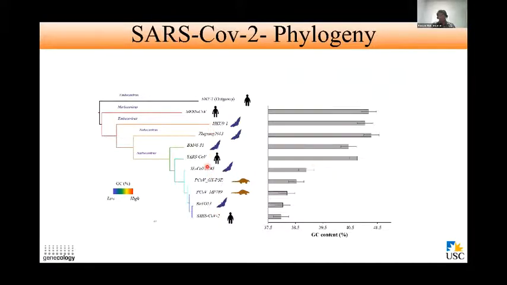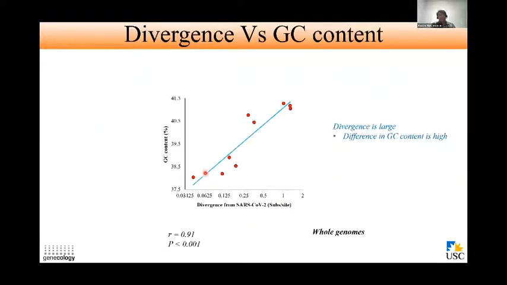Or in other words, the difference in GC content between closely related viruses and SARS-CoV-2 is less, and the GC difference widens with the divergence between the viruses.